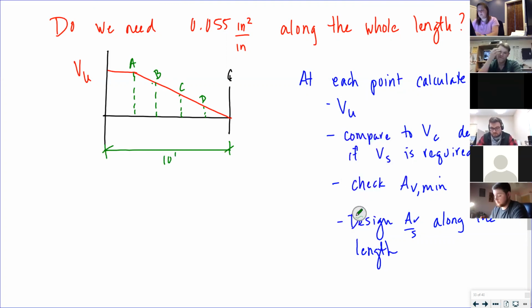10 feet. This part is 33 inches. So 10 feet minus 33, I get 87 inches.